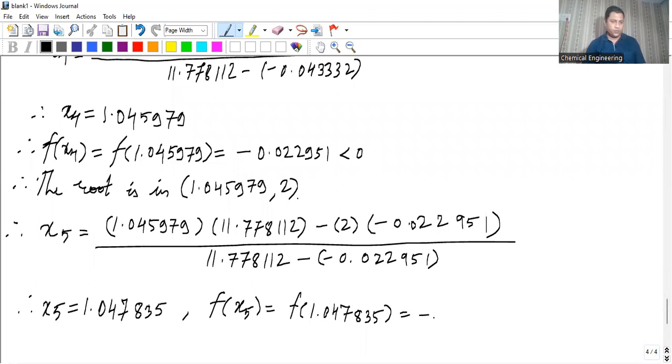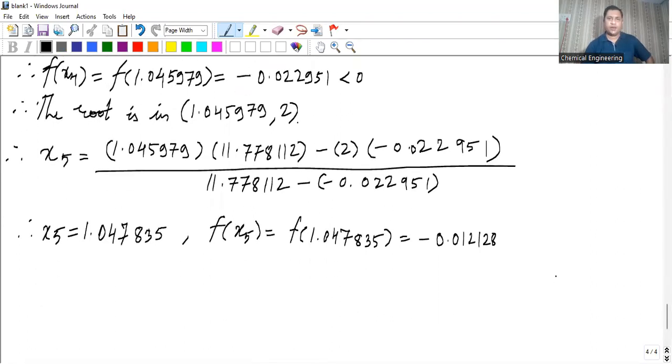1.047835. So we have this as minus 0.012128. You can see earlier the value was 0.02 and now the value is 0.01.